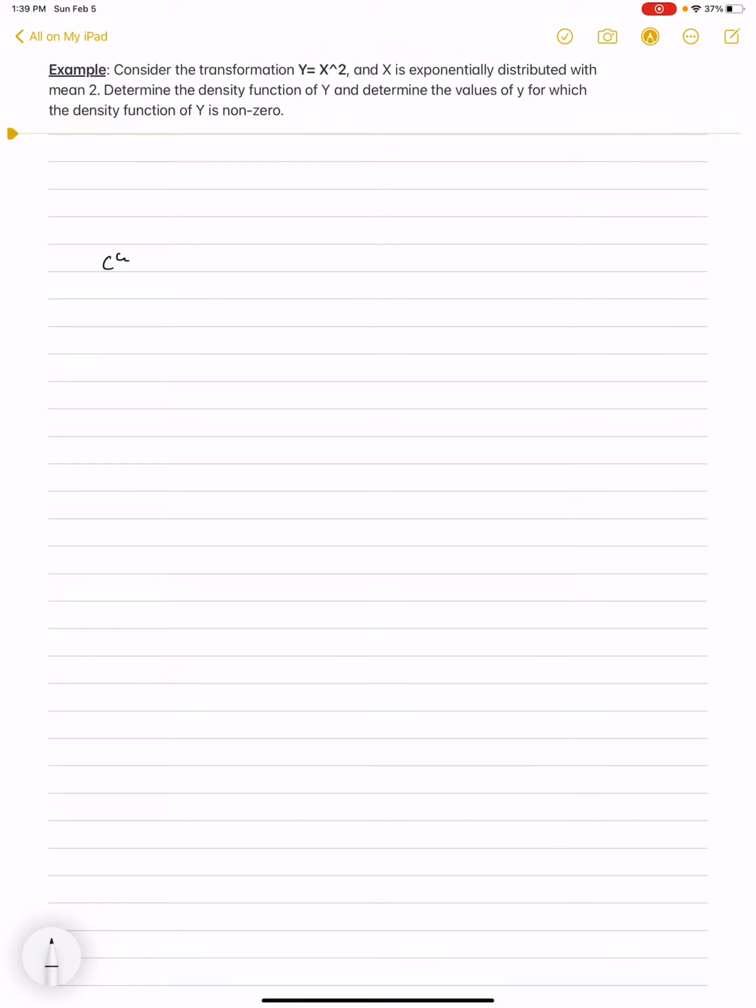We're going to follow the same procedure as before, and we're going to start with the cumulative of y. Cumulative of y, that is g of y, and by definition it is the probability y is less than or equal to little y.